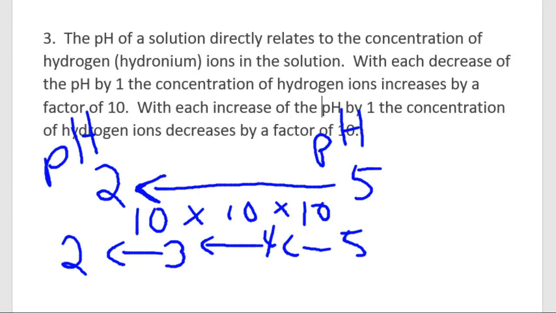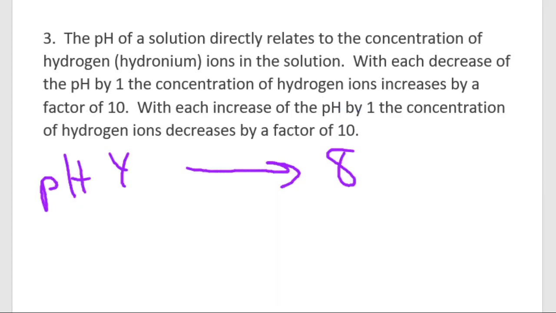The opposite direction means the opposite is going to happen. Instead of increasing by a factor of 10, we're going to have a drop in concentration by a factor of 10. A pH of 4 to a pH of 8 means that the hydrogen ion concentration, also known as hydronium ion concentration, is going to decrease by a factor of 10 with every unit the pH increases.